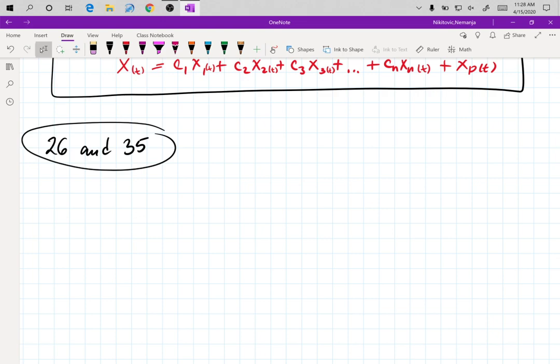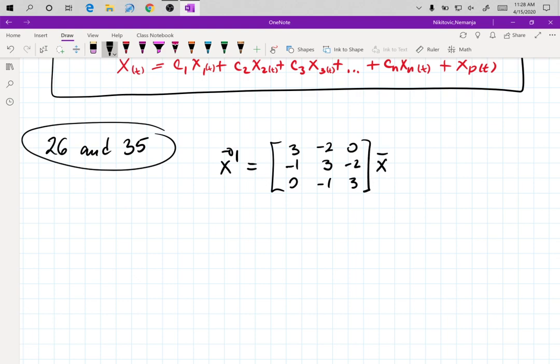So problem 26 gives us the system x prime is equal to, and here's the matrix, 3, negative 2, 0, negative 1, 3, negative 2, 0, negative 1, and 3, times the x.